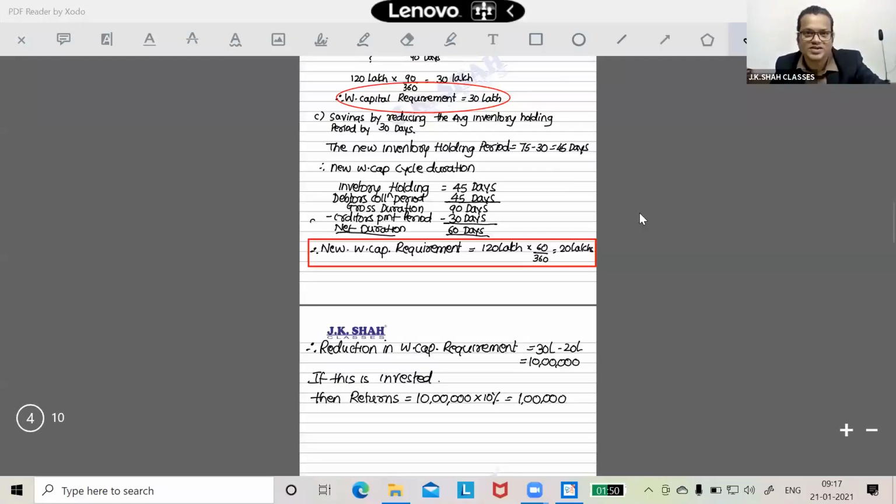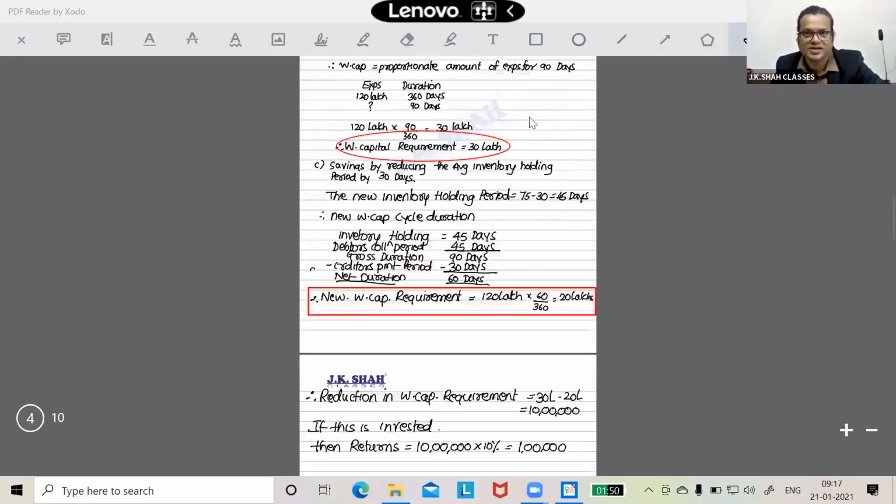Sir, I want to see the full solution, to take a screenshot. Okay. No problem. I'll do that.